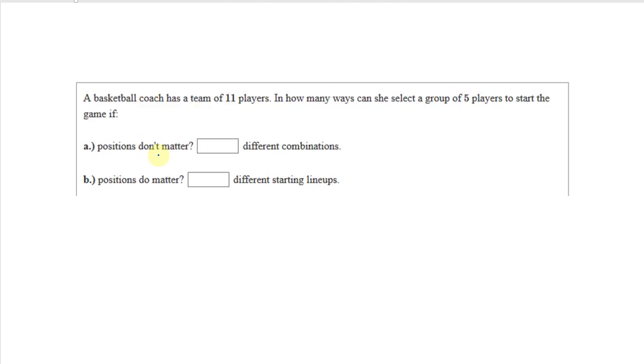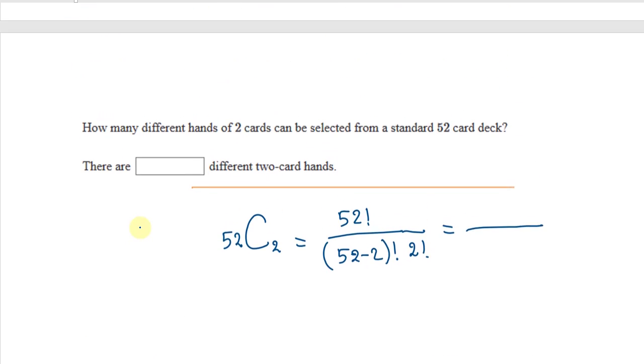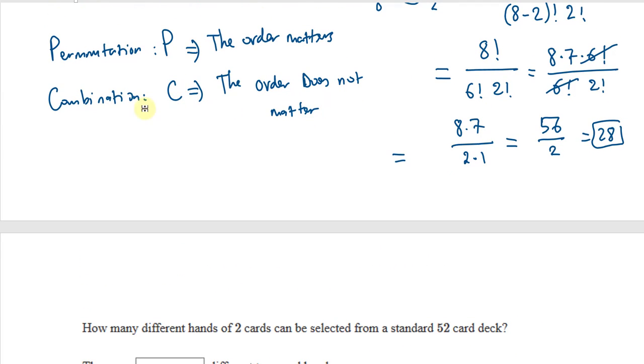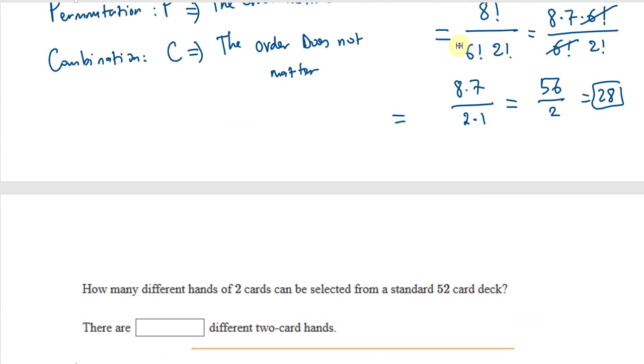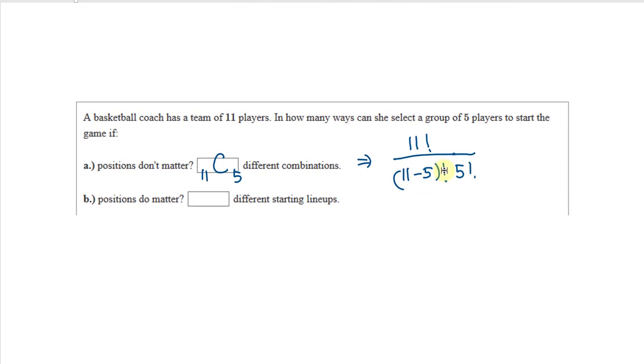Remember, if the position or the order doesn't matter, we use combination C. We have 11 available players and we choose 5 players. So 11 factorial over 11 minus 5 factorial multiplied by 5 factorial. Then you use the same approach as before to get the answer.